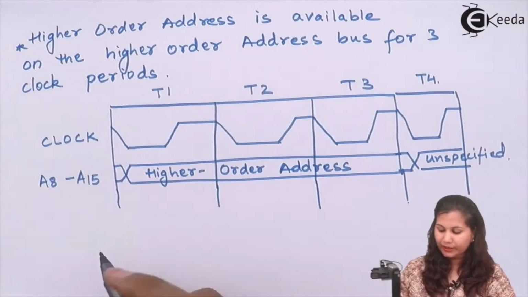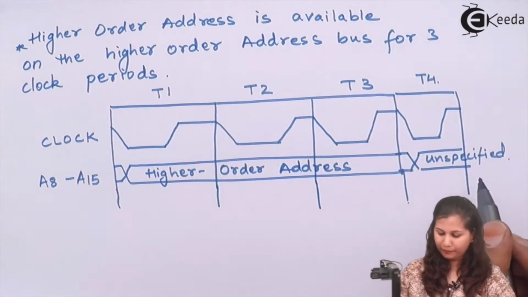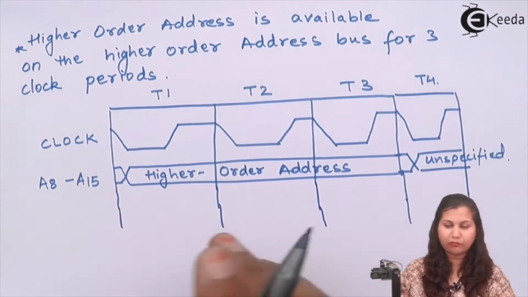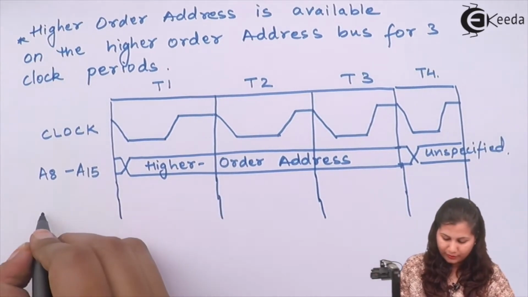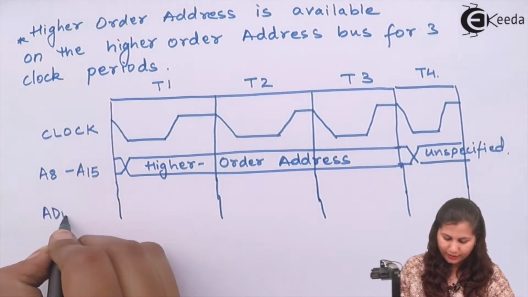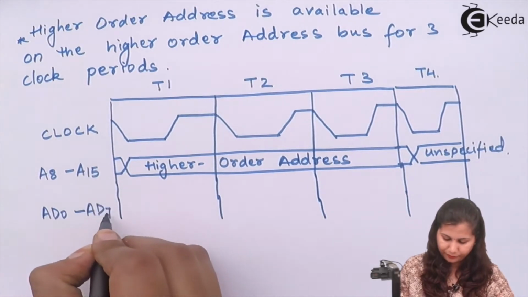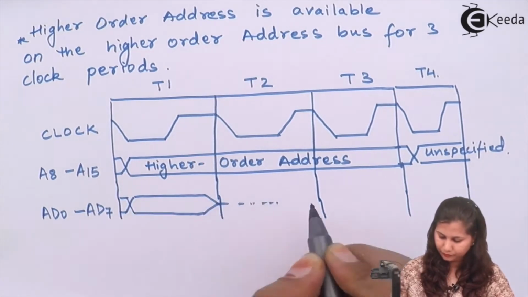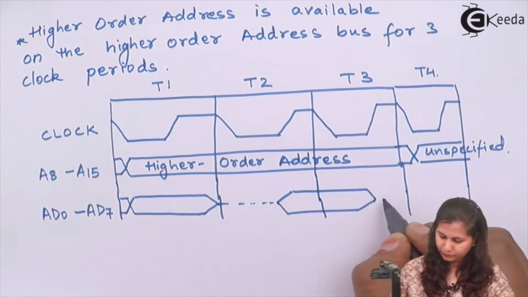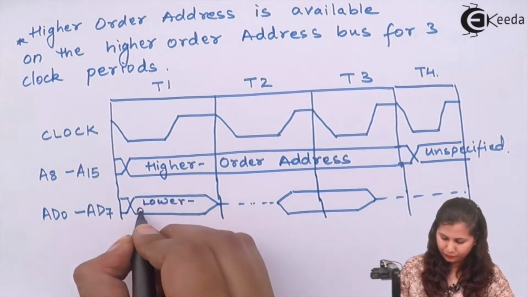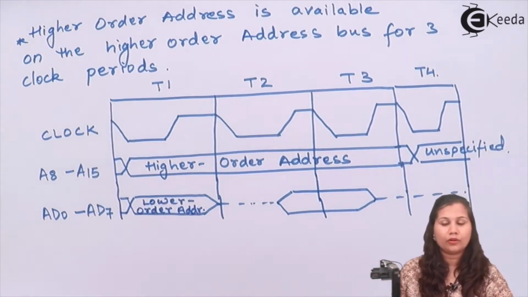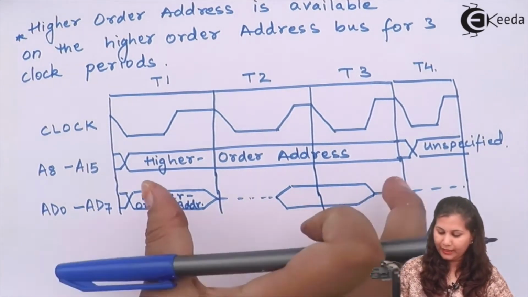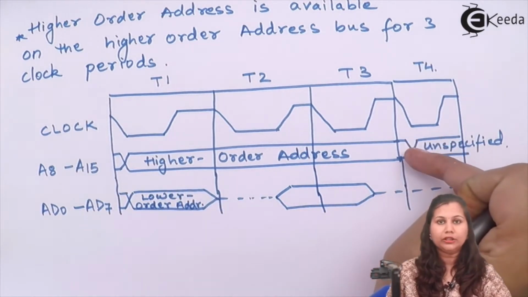So this higher order address is available for 3 clock periods, and the lower order address, which is AD0 to AD7, is lost after 1 clock period.